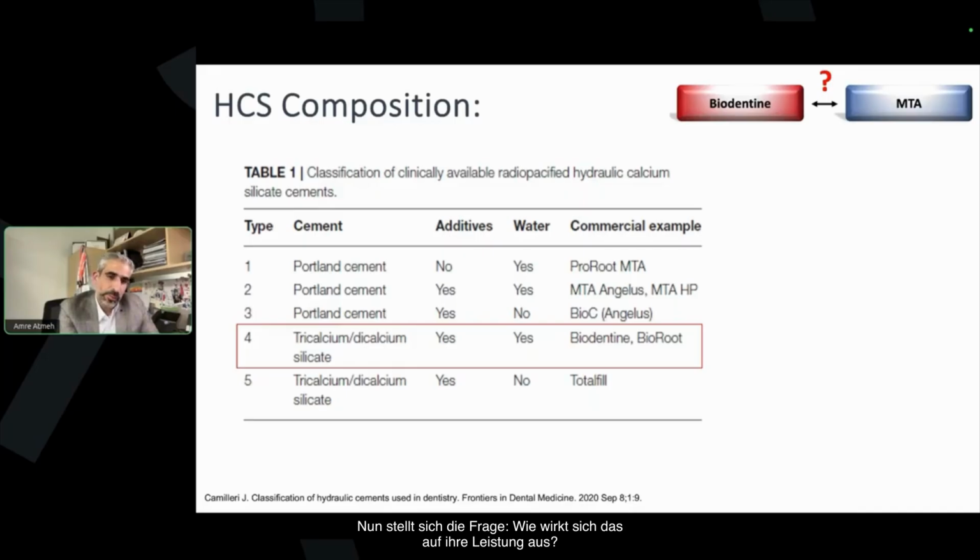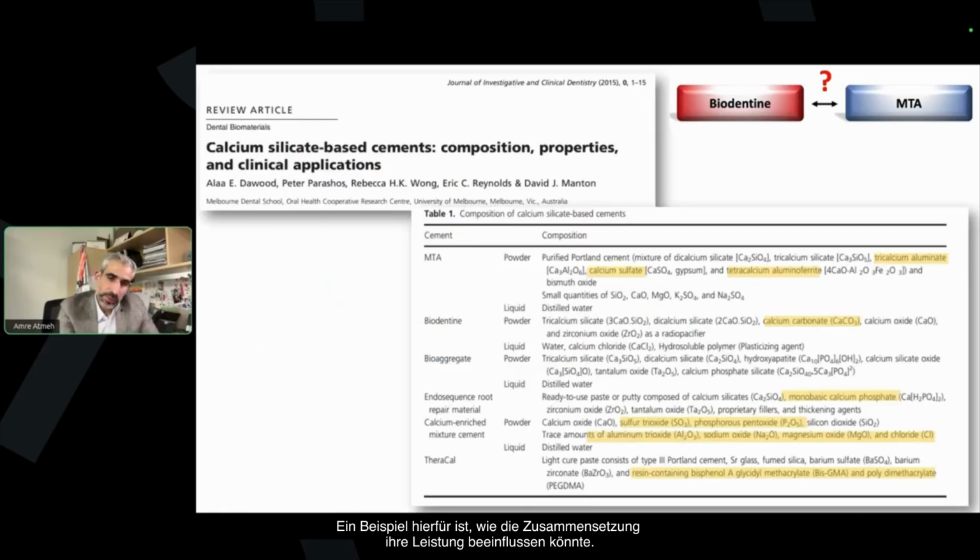So this gives more control on the constituents of these materials, and even more control on their purities, and the additives between these materials can also vary. So if you look at MTA, it contains calcium sulfate, for instance, while biodentine contains calcium carbonate. Other materials have different composition. So the bottom line, all these materials are calcium silicate cements, but they have variations in their composition.